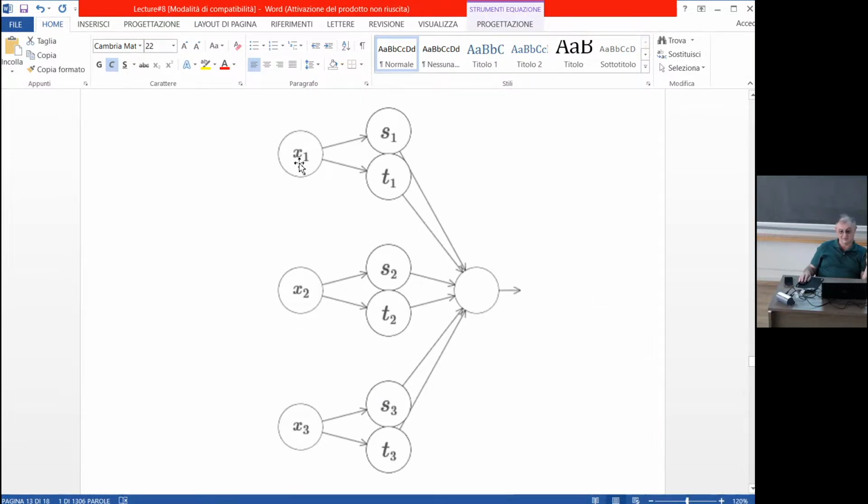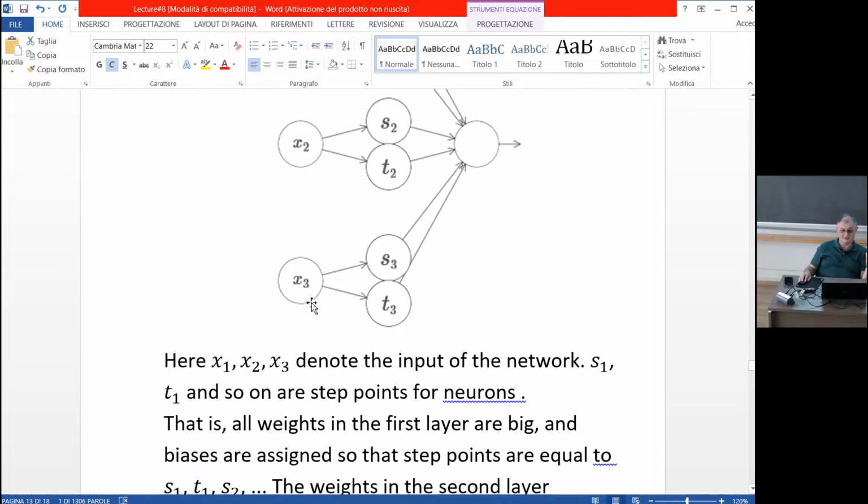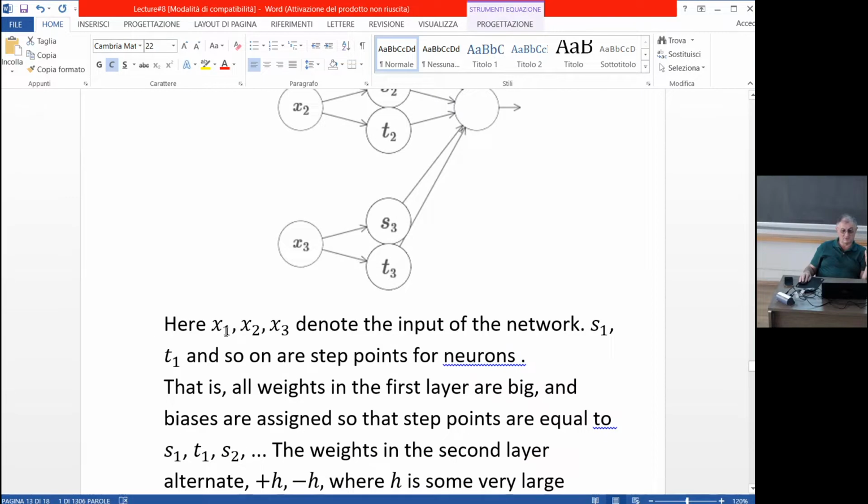So we have x1, s1, t1, the beginning and end of the first tower. x2, s2, t2, the beginning and end of the second tower. x3, s3, t3, the beginning and end of the third tower. So here x1, x2, x3 denote the input of the network.